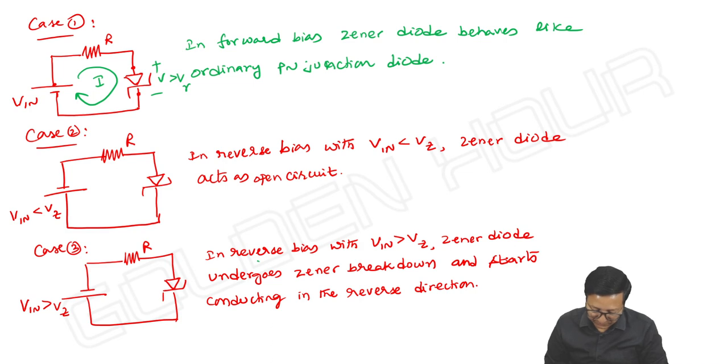It means the current will be flowing from the positive to the negative terminal of the supply in the reverse direction. I can call this current Iz, and it maintains a voltage Vz from cathode to anode.